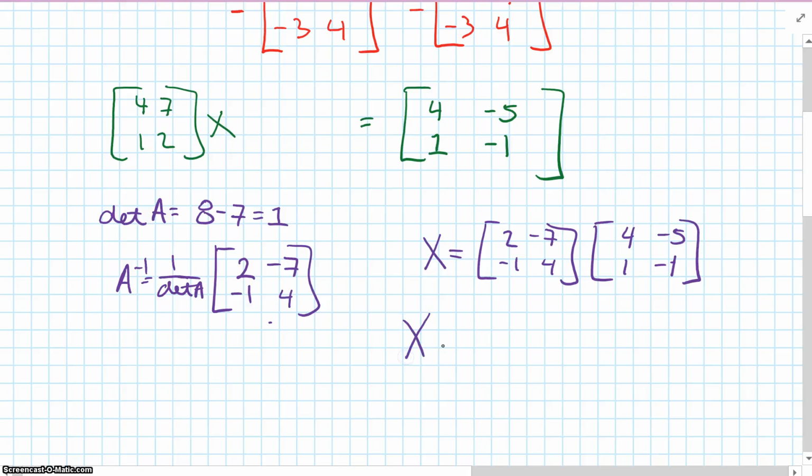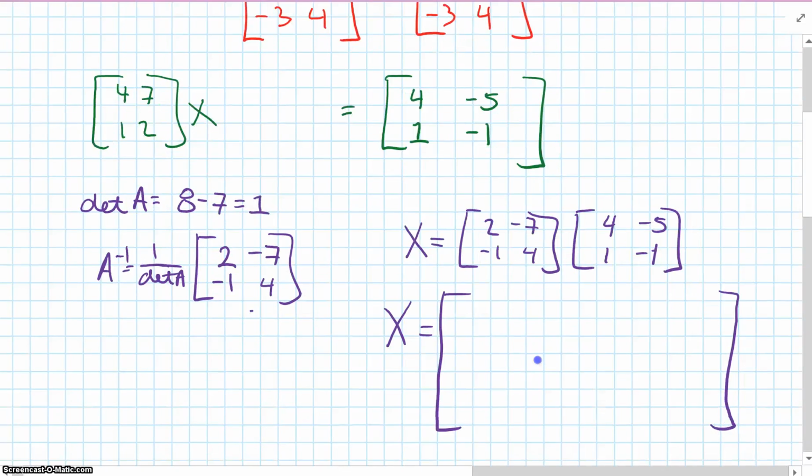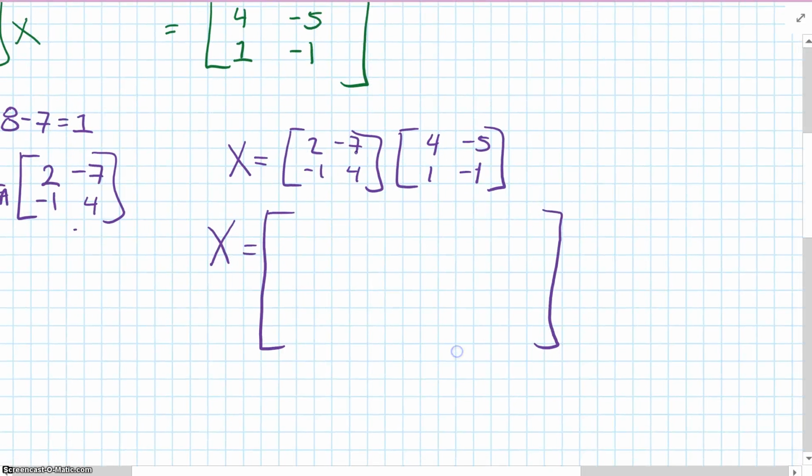So we're going to have a 2 by 2 matrix, so let's give ourselves some room. So it's going to be 2 times 4, 8, plus negative 7 times 1, negative 7. So that's going to be 1. So 2 times negative 5 is negative 10, plus 7 times negative 1 is 7, so that's going to be negative 3.